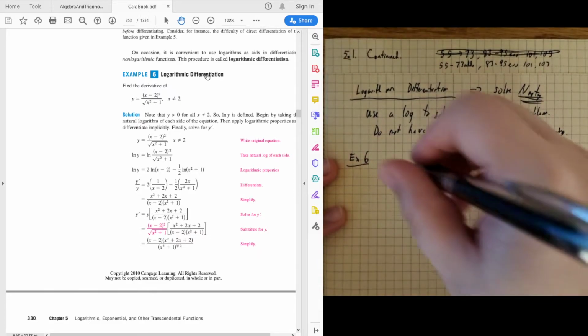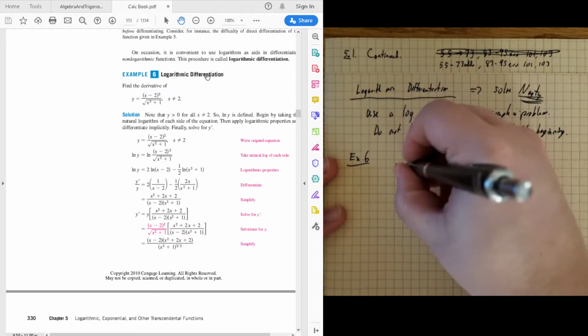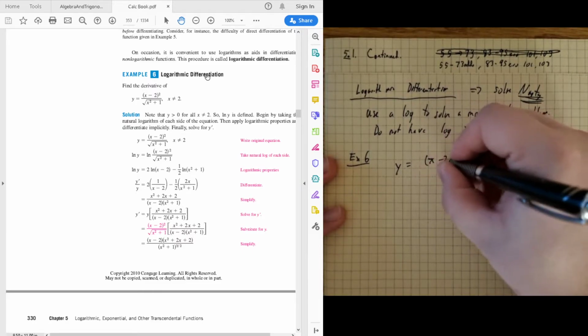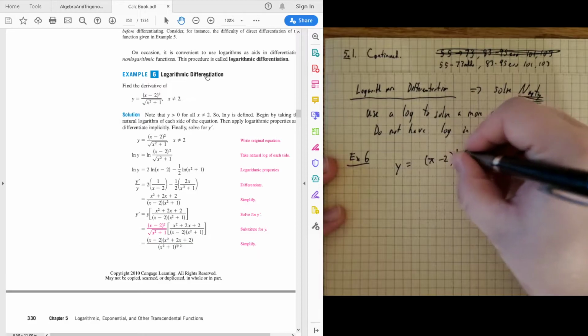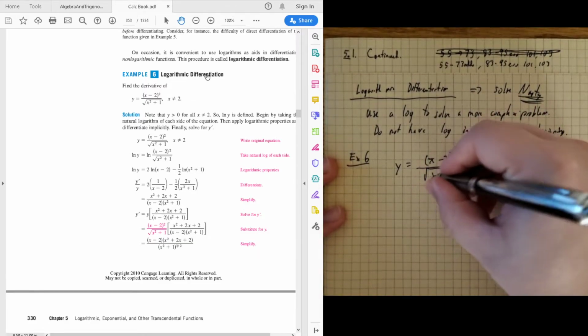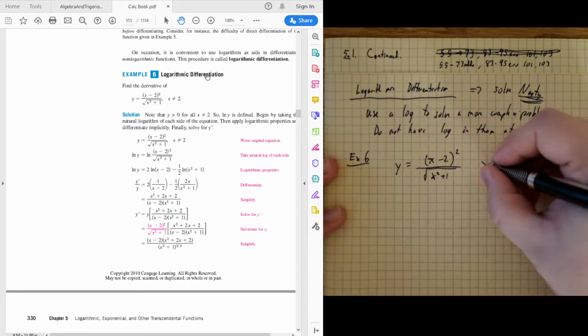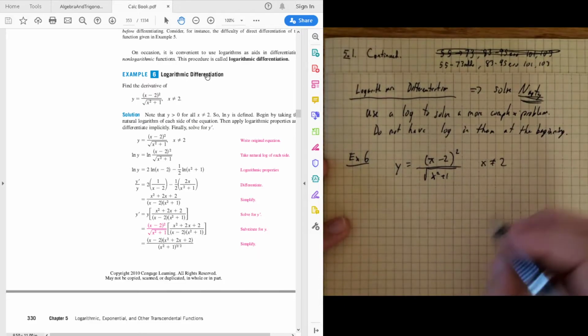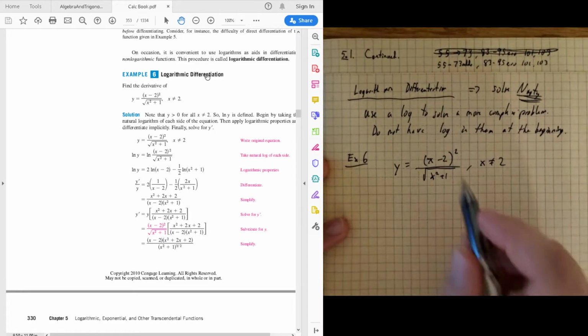And here we have y equals x minus 2 squared over the square root of x squared plus 1, and with x not equal to 2. The reason x cannot be equal to 2 will become apparent later, because it actually breaks the function down a little bit whenever we actually do the logarithm.